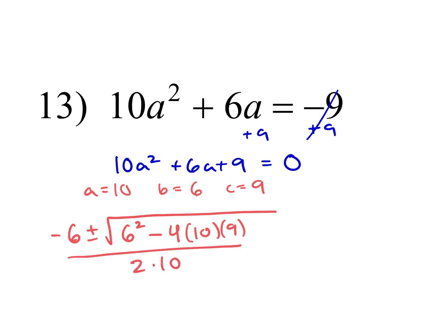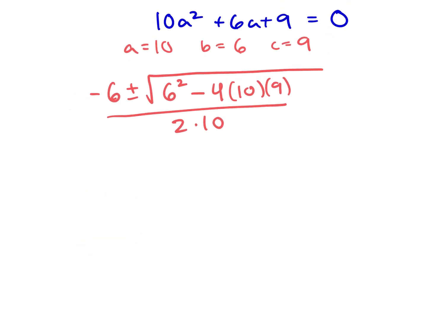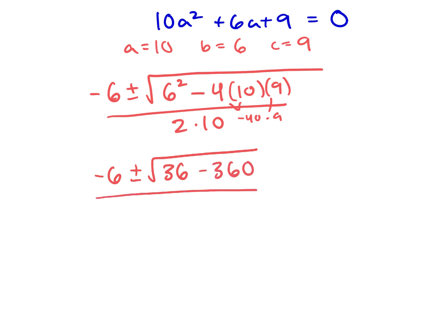Perfect. Now we simplify. So we have negative 6 out front, plus or minus the square root of, what's 6 squared? 36. What is negative 4 times 10? And what's negative 40 times 9? Negative 360. And what's 2 times 10? 20.